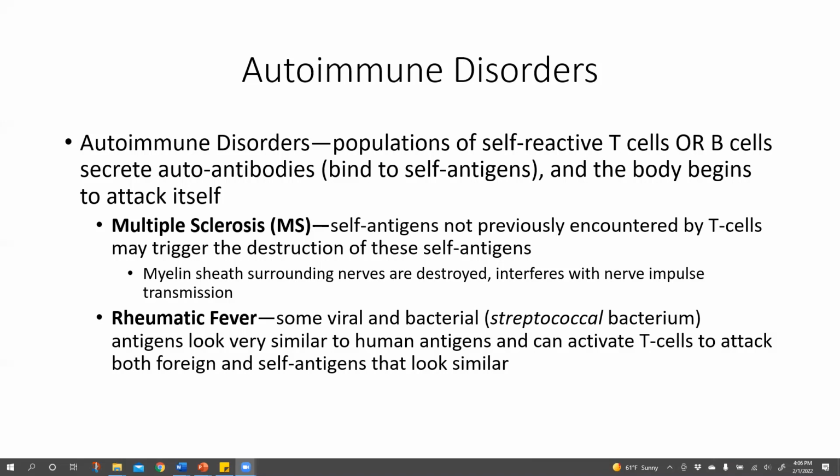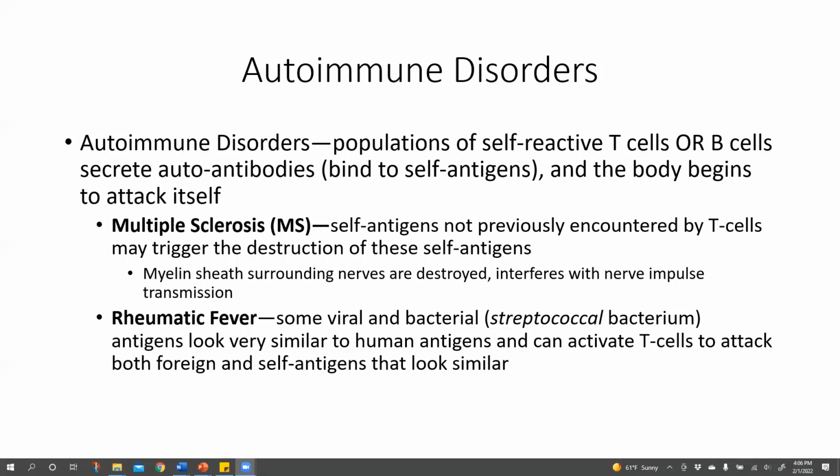But basically you have these self-antigens that your immune system has just never seen before. And then something happens and those self-antigens are now encountered by your T cells. But since your T cells have never seen them before, they think they're foreign. And so they start attacking them.